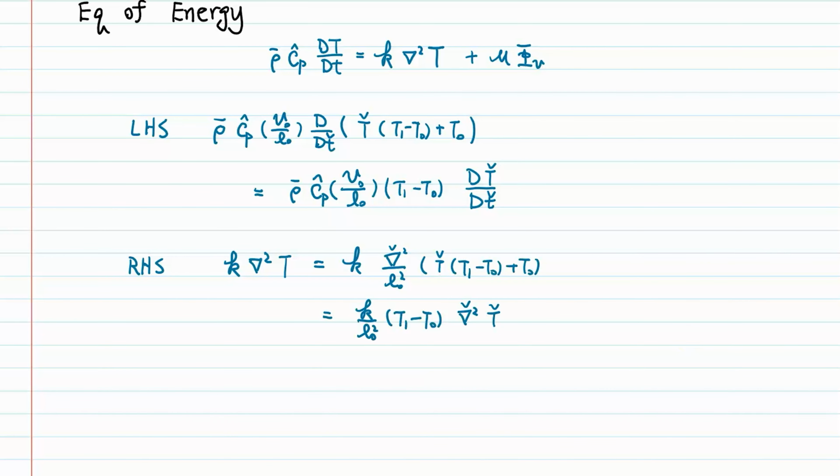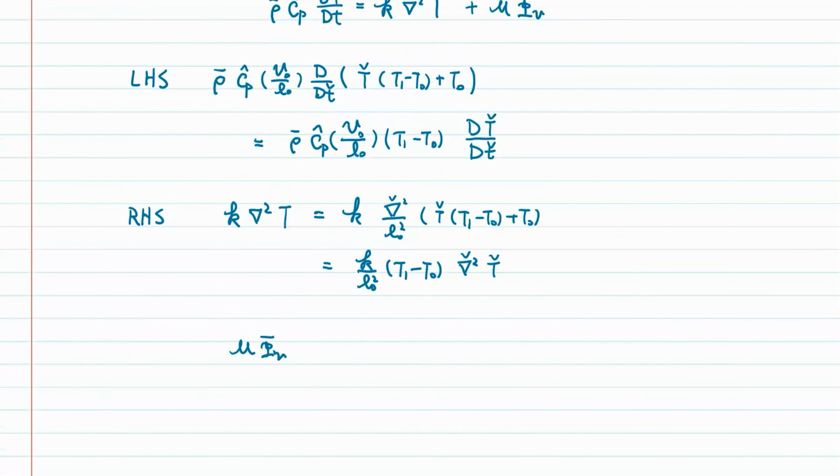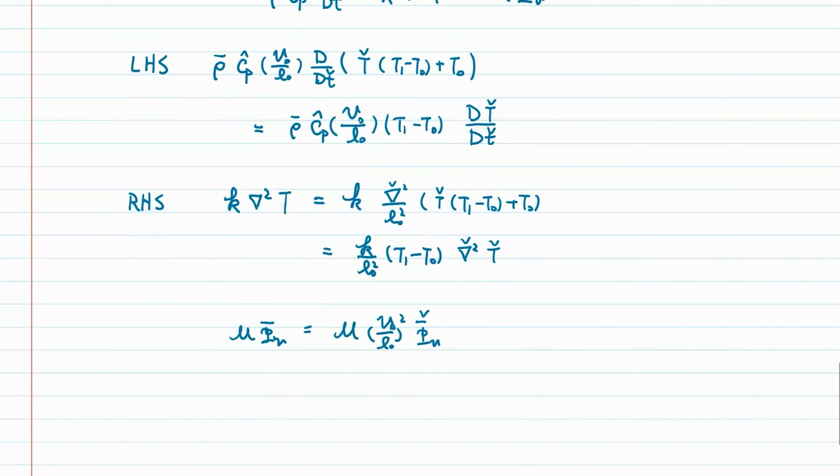And finally, for the viscous dissipation term, we have mu and the shear stress tensor equals mu times V naught over L naught squared times the dimensionless shear stress tensor.